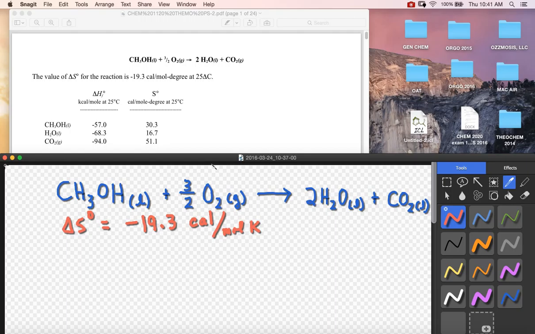Notice we're also given information for the delta H of formation of all of our reactants and products with the exception of O2, and we know that O2 is an element in its standard state, and therefore its delta H of formation will be 0. But we know that the S of formation will be non-zero.